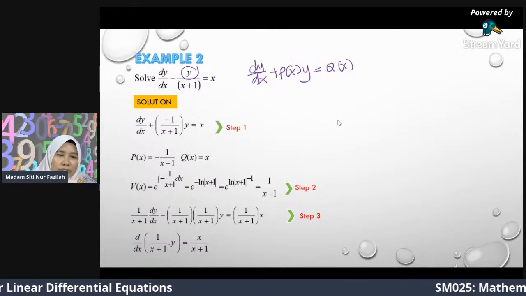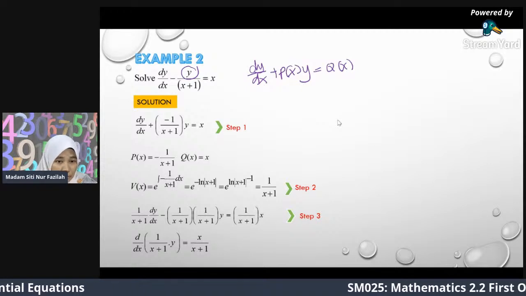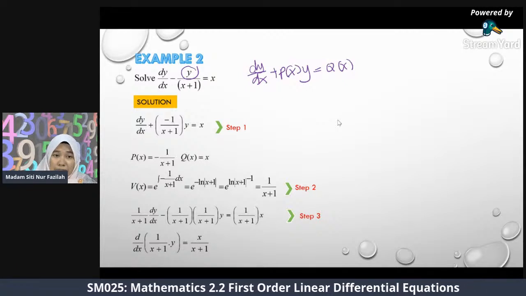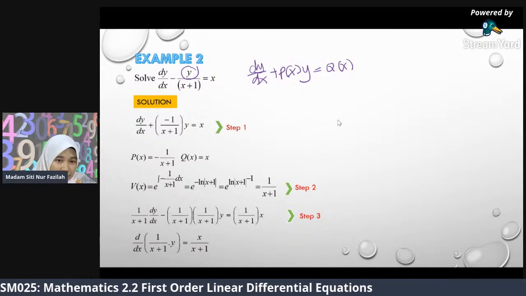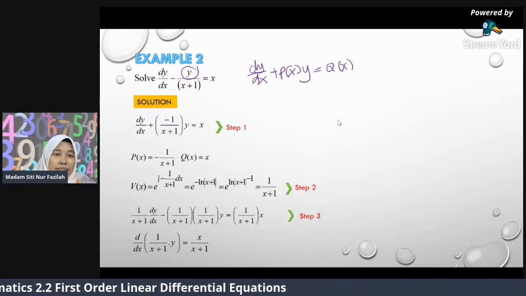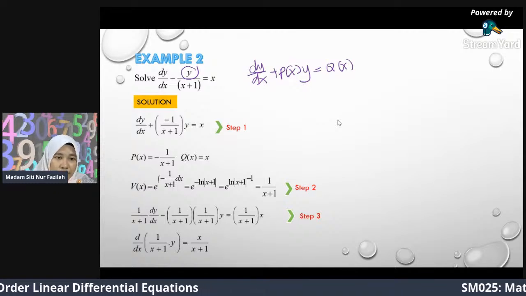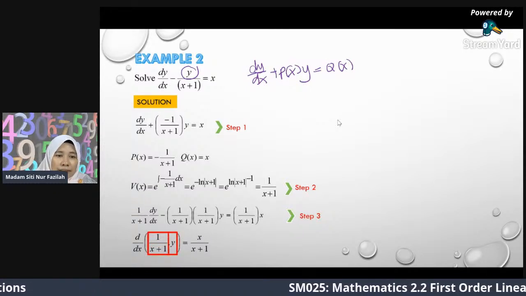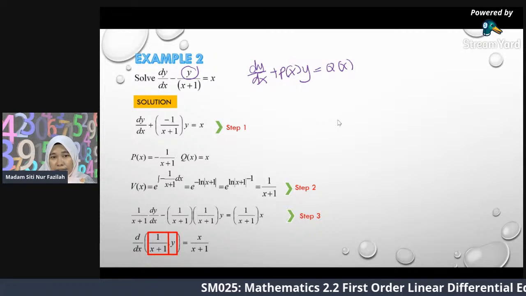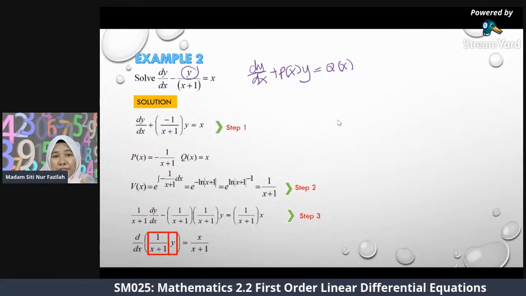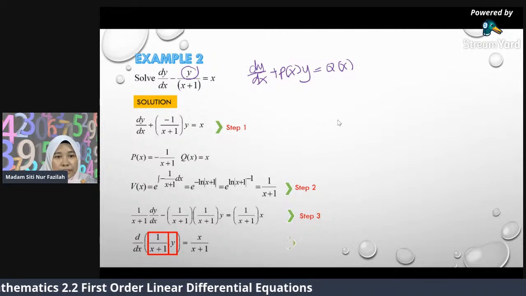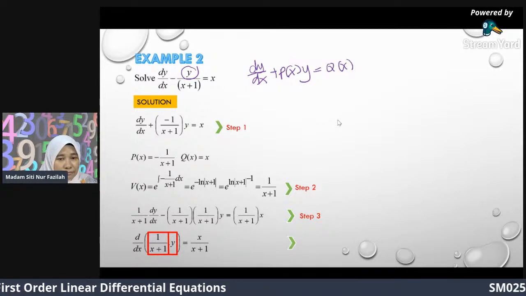Vx is 1 over x plus 1, and then the variable y equal to, when we simplify the right side, x over x plus 1. Make sure we get the correct right side here. This is step 4.